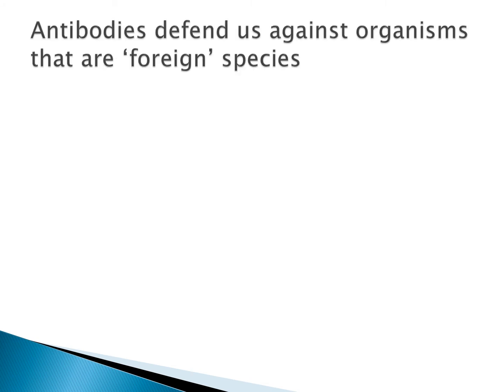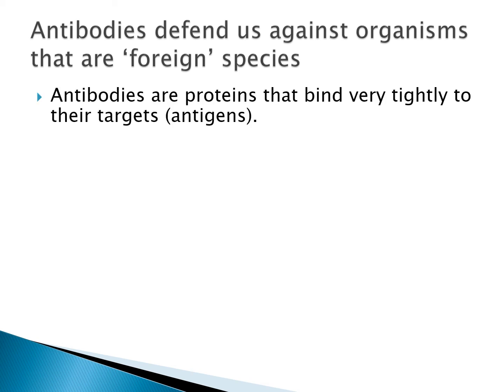So the job of antibodies, like a bouncer or a security guard in everyday English, is to defend you against organisms that are foreign species, and they determine that by the protein. They are their own form of protein, and in order to protect you, they have to be able to bind, shape-wise, very specifically to the target.